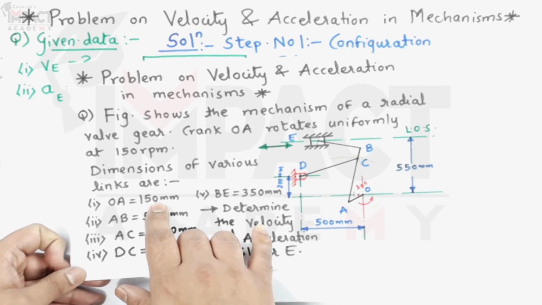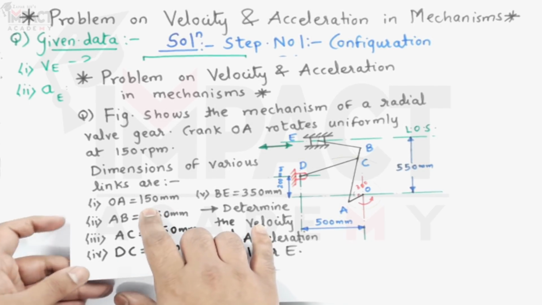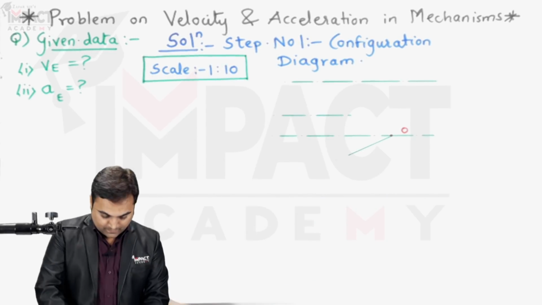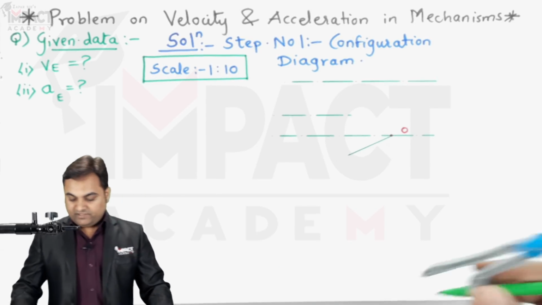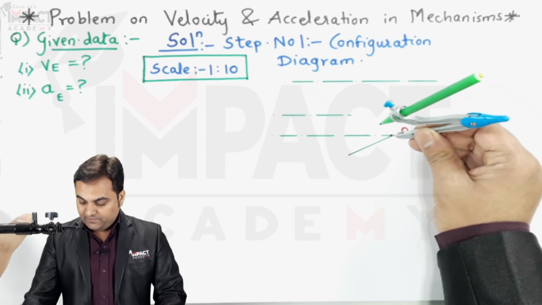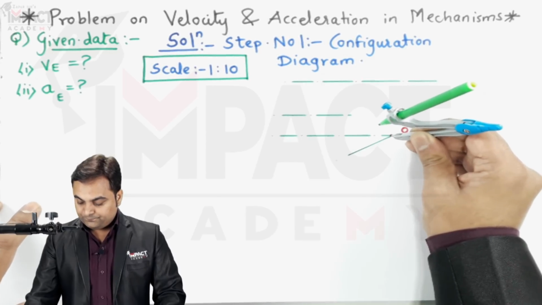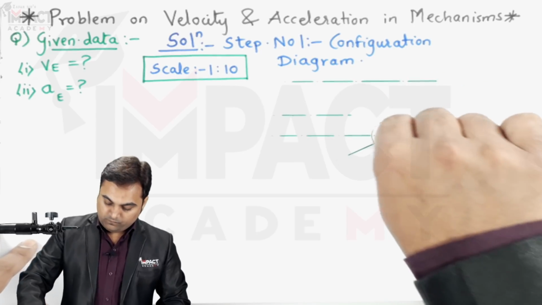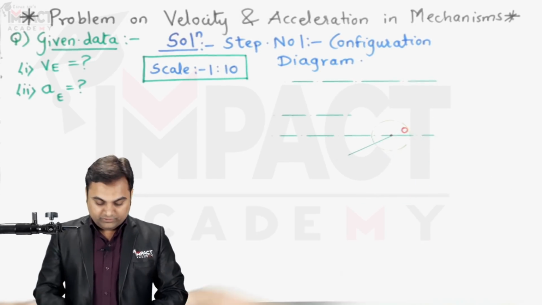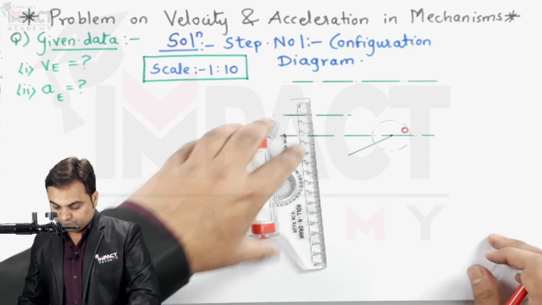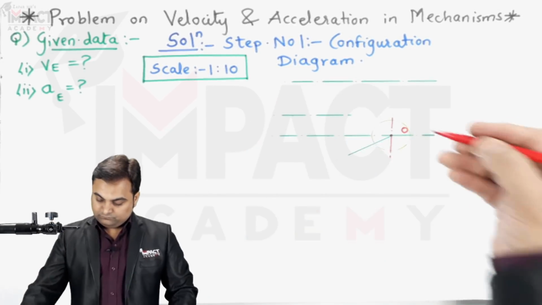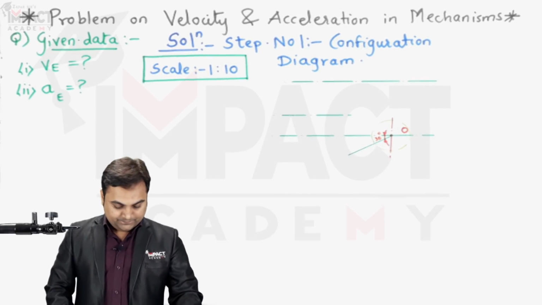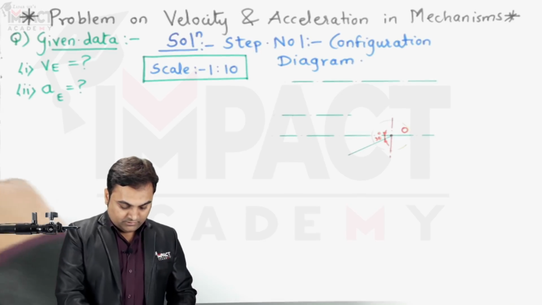So when I divide it by 10, it comes out to be 15 mm. So taking the radius as 15 mm in the compass, here I have taken 15 mm radius, keeping it on point O. Here I have drawn a light circle. The angle is 30 degree here, and this gives me crank OA.